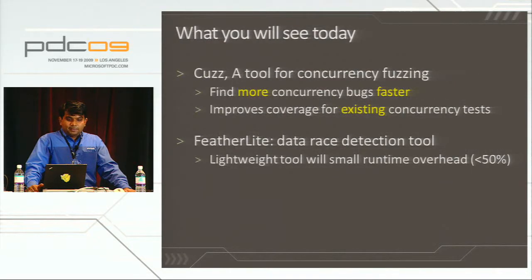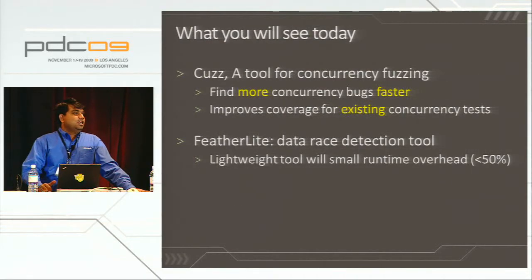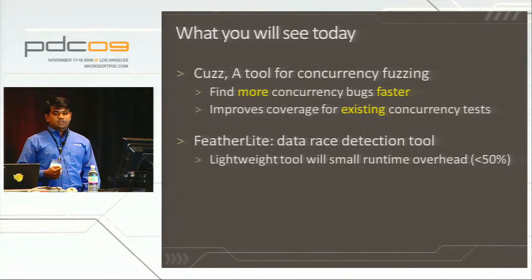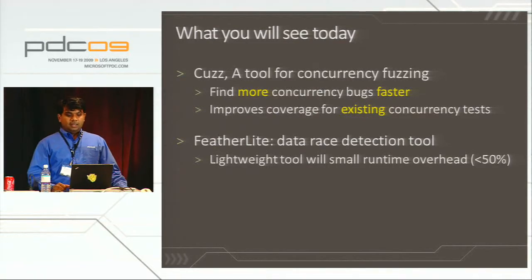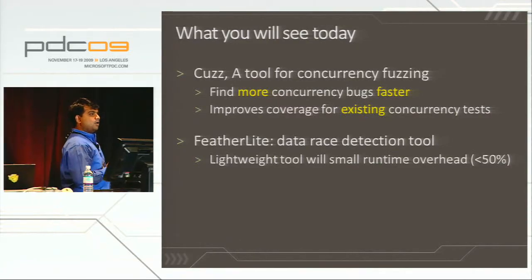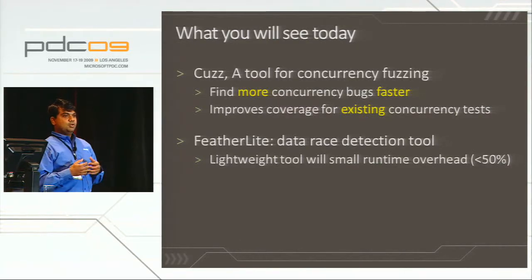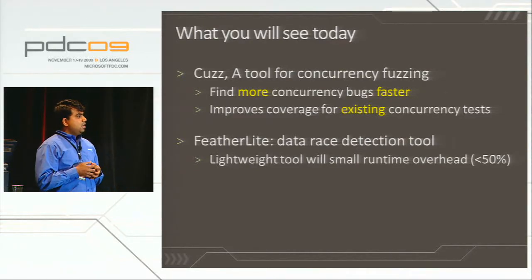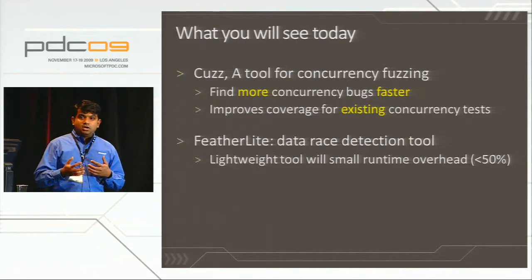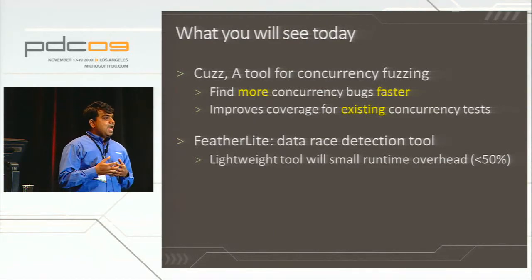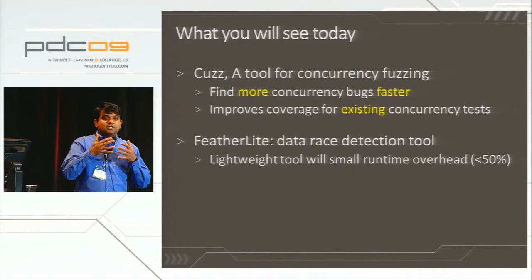We're going to be seeing two tools, and both of them are trying to solve the problem from two different directions. The first is a tool called Cuzz, standing for concurrency fuzzing. You probably know about the term input fuzzing, where you take a program and throw in some random inputs to crash the program. Concurrency fuzzing is a similar notion. You run your program and you randomly perturb the schedules.